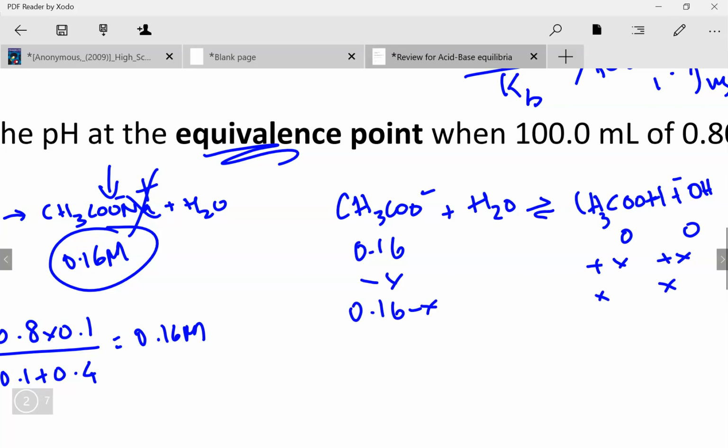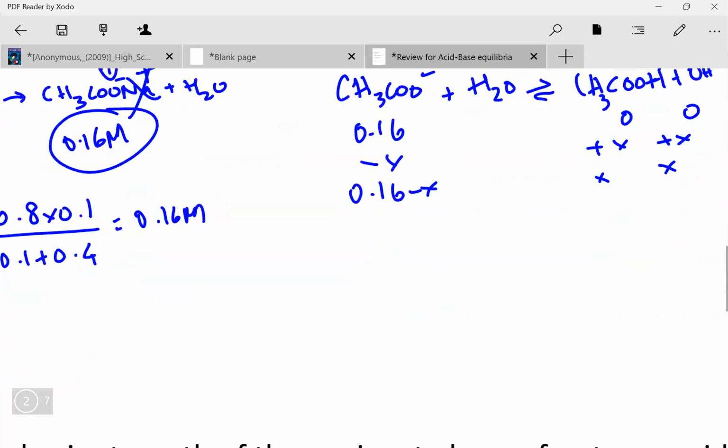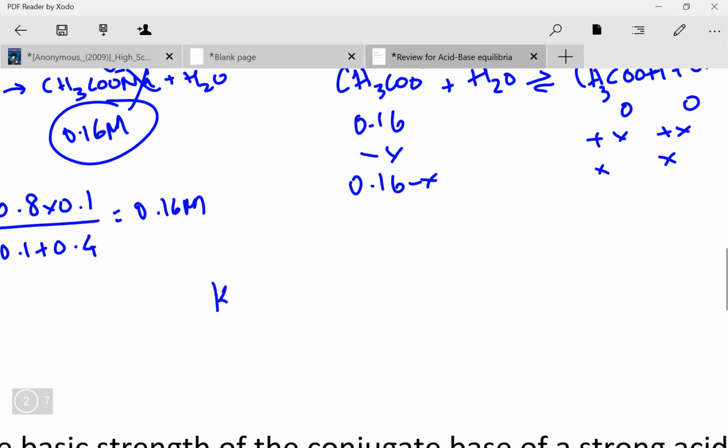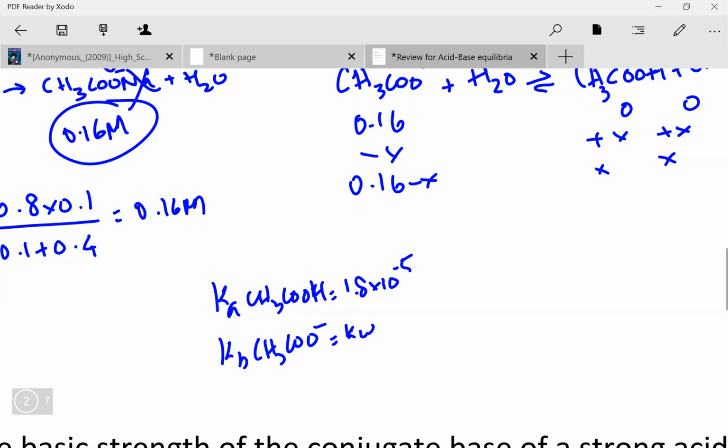And therefore, now to find this, it's just like a basic salt, exactly the same thing we did. Ka of acetic acid is 1.8 times 10 to the negative 5. Kb of acetate will be Kw divided by Ka, which is 1 times 10 to the negative 14 divided by this, which is 5.5 times 10 to the negative 10.